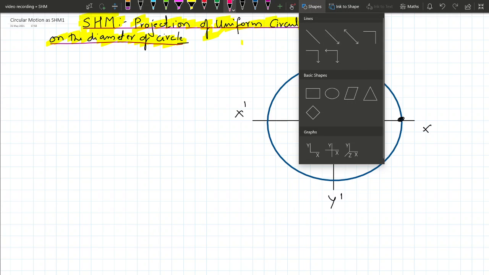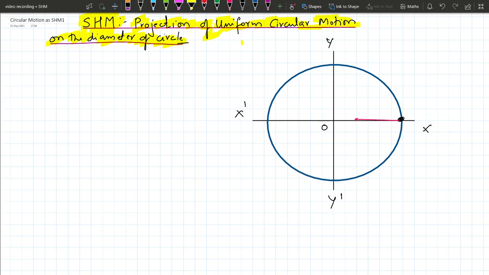This is the diameter, and the projection is represented by N. As the mass moves in a circular manner, the projection N will move from origin, reach Y, come back to origin, go to Y dash, and again come back to origin O. That means when the mass makes one circular motion, the projection would have made one complete oscillation.